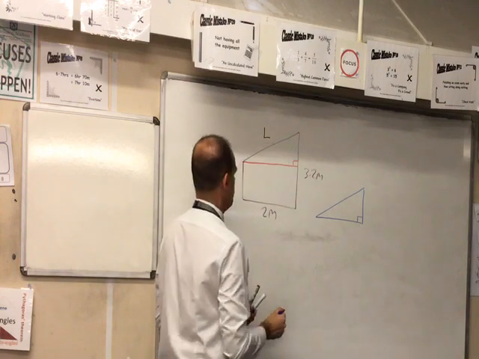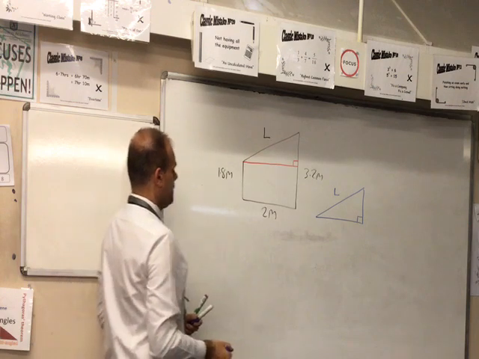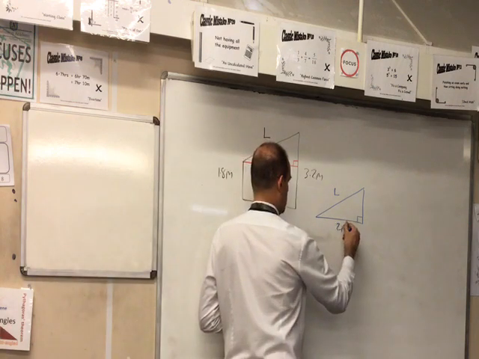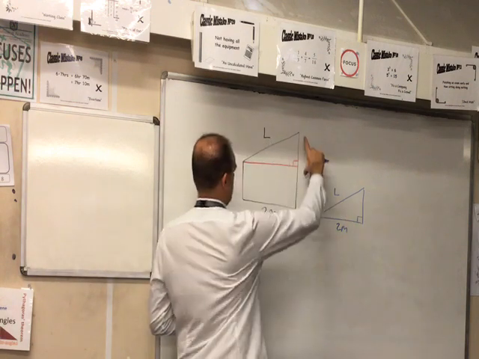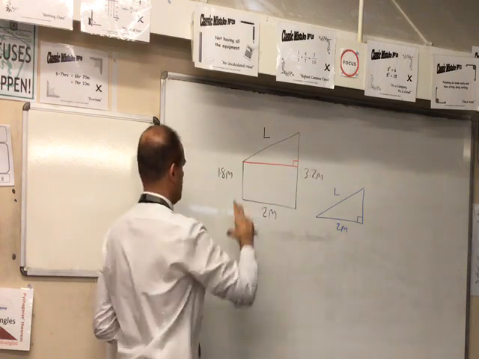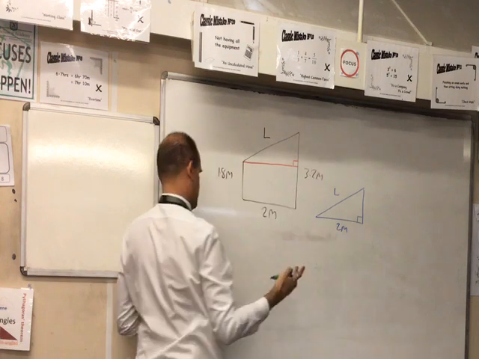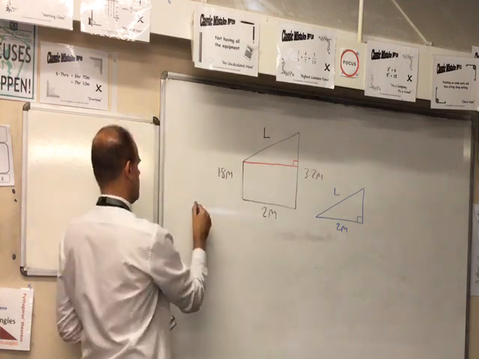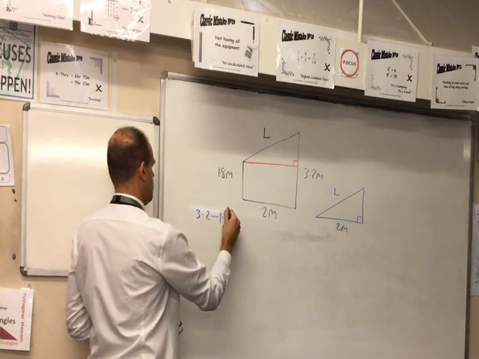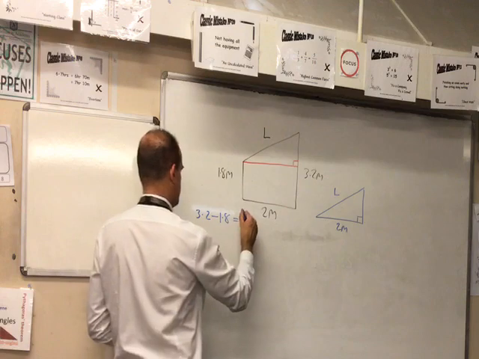Now what do we know here? Well, that's the L, what I'm after, the sloping length of the shed. This is definitely 2 metres. But that length, well, that length in between the 3.2 and the 1.8. So what do I need to add on to 1.8 there to get that? Well, adding on is the same as subtracting. So if you do 3.2 minus 1.8, that leaves you with 1.4 metres.